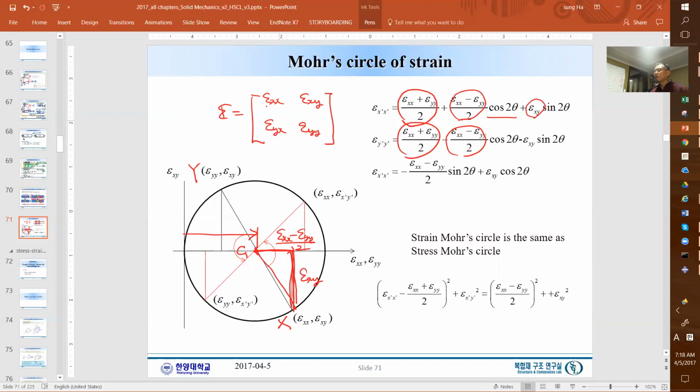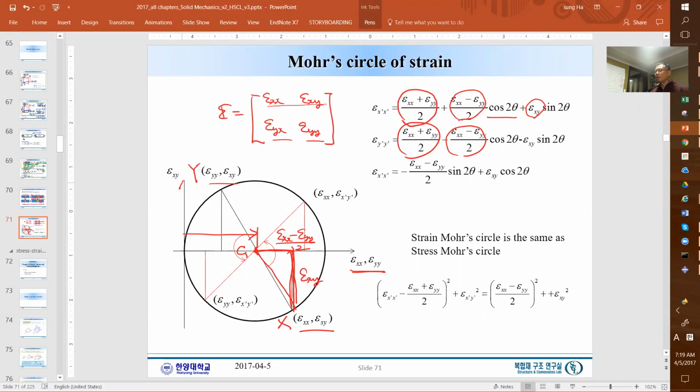And now we call x these terms, and y has this term. And this x-axis indicates the normal strain, and y indicates epsilon xy.